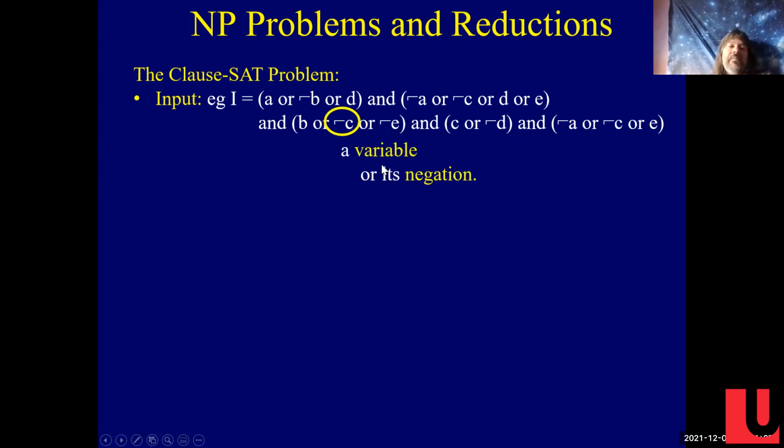Does that make sense? You don't think this comes up in computer science all the time? I have a bunch of things that I want to satisfy, and how do I satisfy them all? I need to find, is there a way that I can satisfy all of these clauses? So suppose I'm building a robot and I want to get the robot to stand up and walk out of the room.